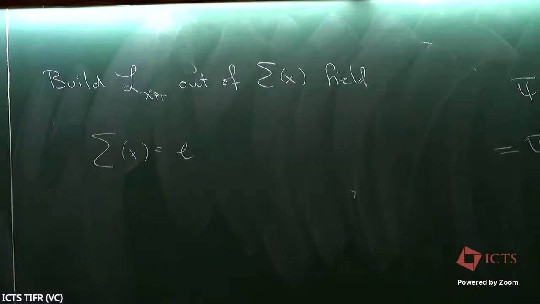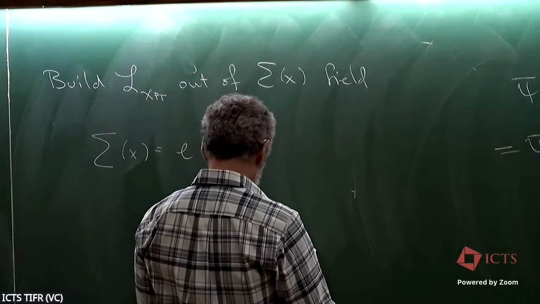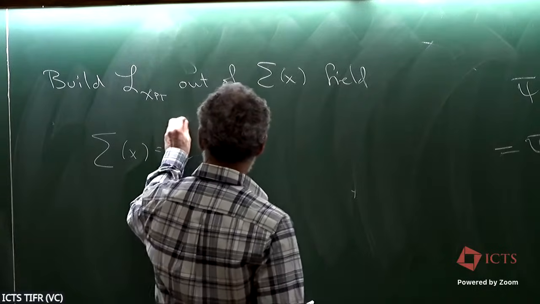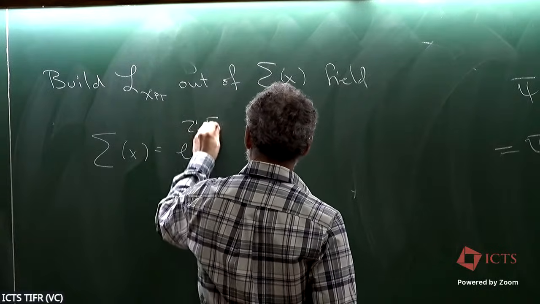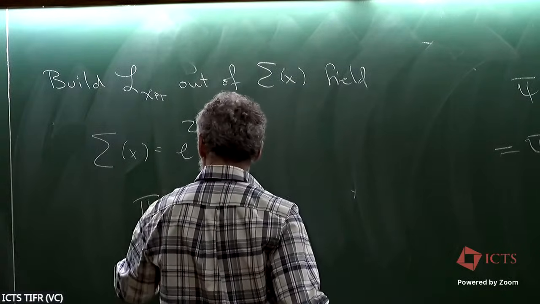I'm going to say it's e to the 2i pi over f, where this pi is a matrix field.